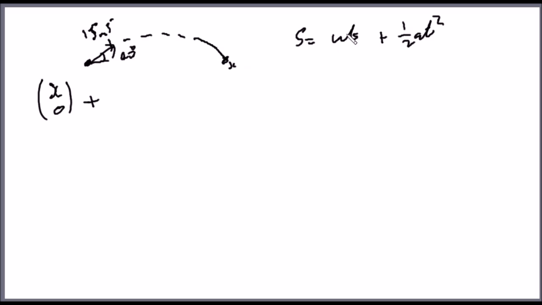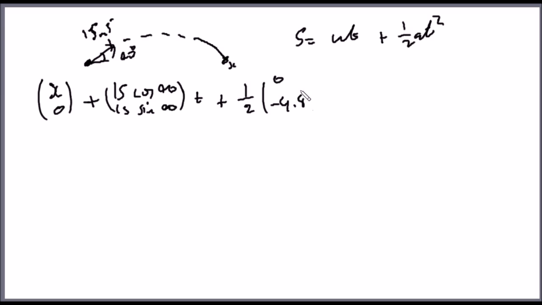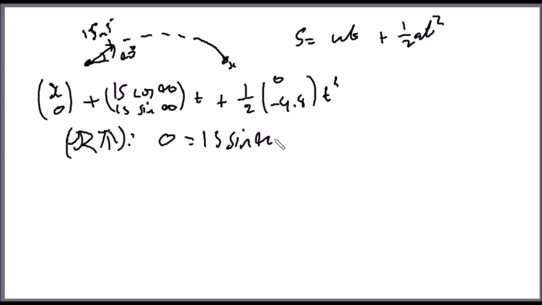The initial velocity, taking components of the 15 meters per second, is 15 cos 40 and 15 sin 40, times t, plus, as we're resolving upwards, acceleration due to gravity, which is negative, times t squared. So resolving upwards, 0 equals 15 sin 40 t minus 4.9 t squared.